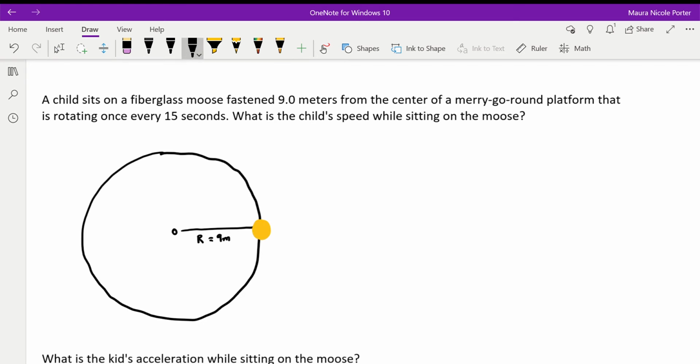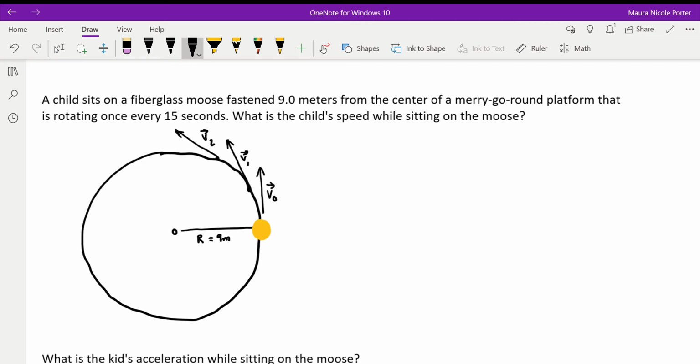Now, if I were to draw the motion of this moose, then I could draw some velocity vectors. And so we'll start with v0, let's say when he's here, then his velocity would be v1. When he's here, his velocity is going to be v2, and so on.